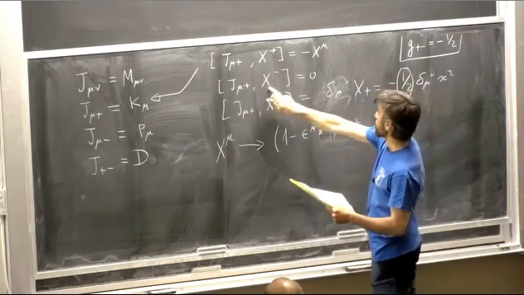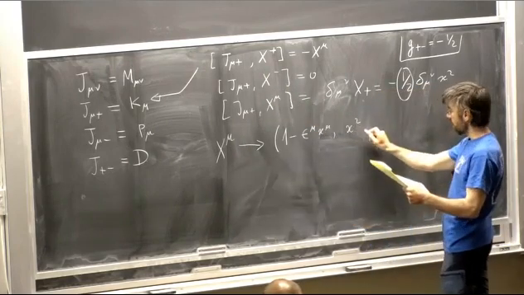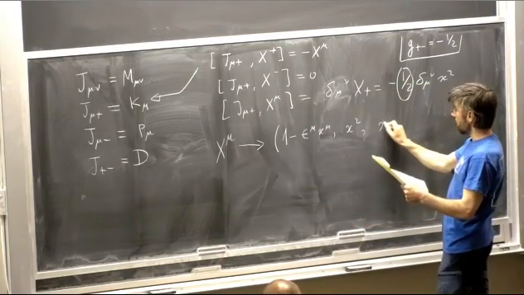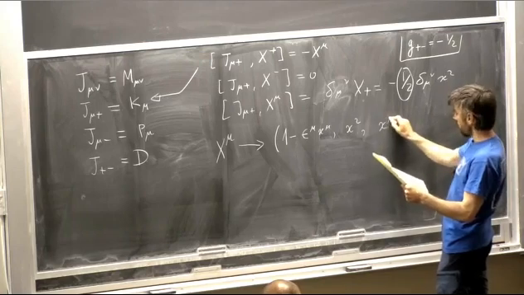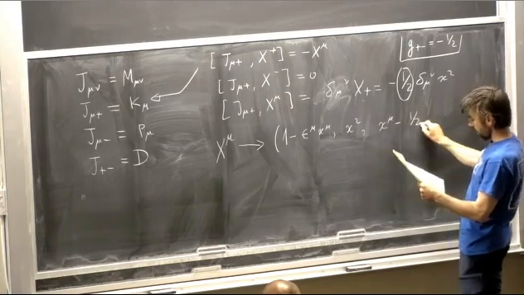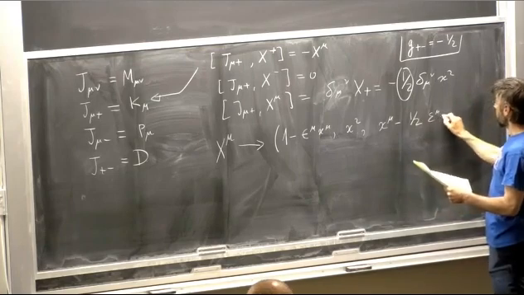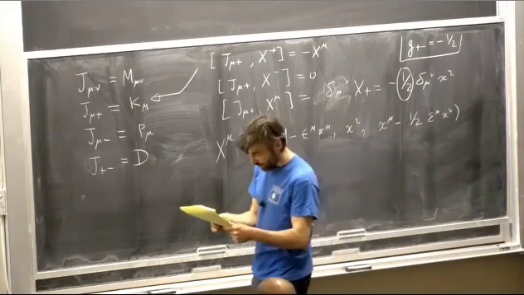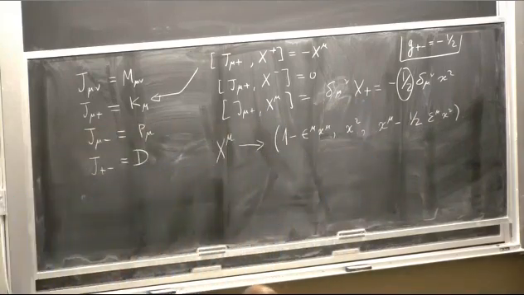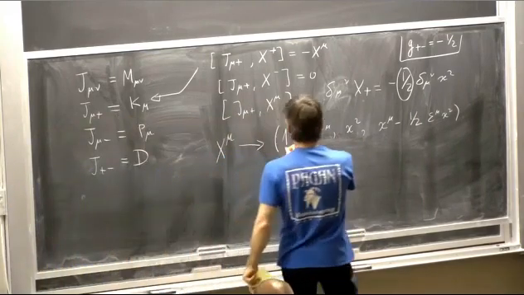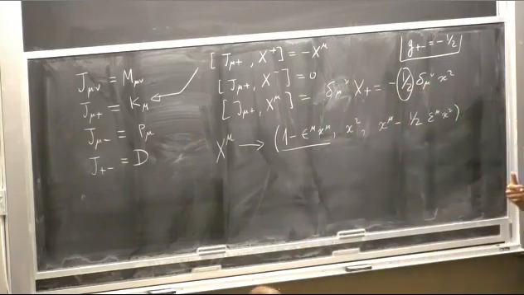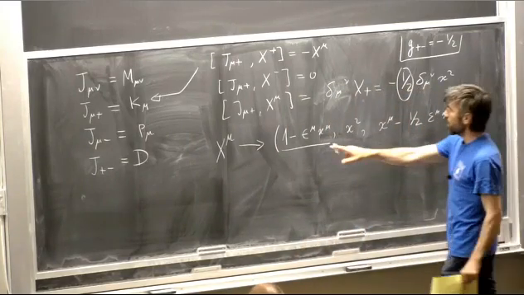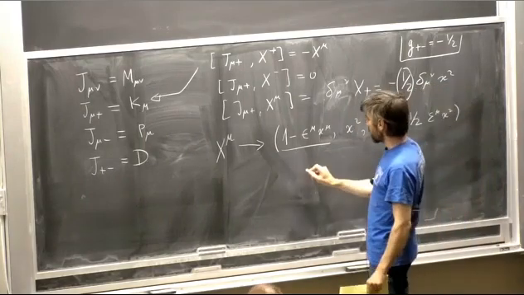So x minus does not change, it still remains x squared, and x mu changes to x mu minus 1/2 epsilon mu x squared. So this is the infinitesimal transformation. But now I have to go back to the Euclidean section. So now I have to rescale, because after this transformation x plus is no longer 1, so I have to divide by this. So let me divide by this.